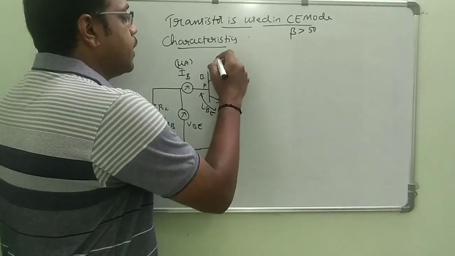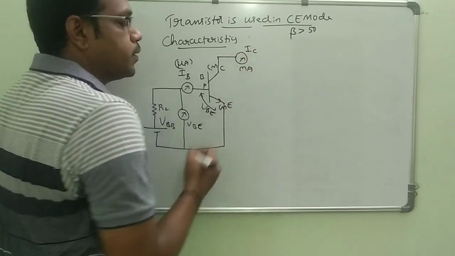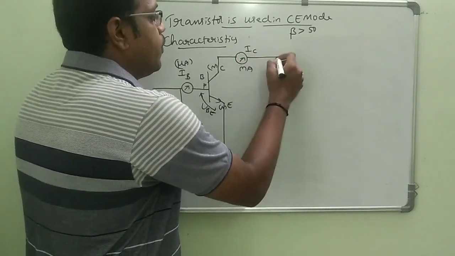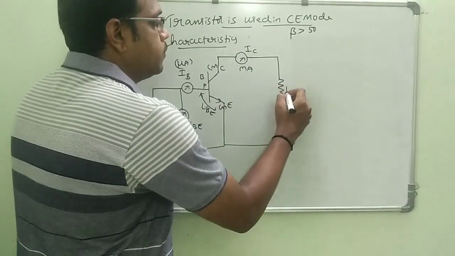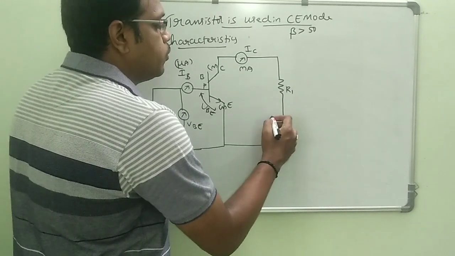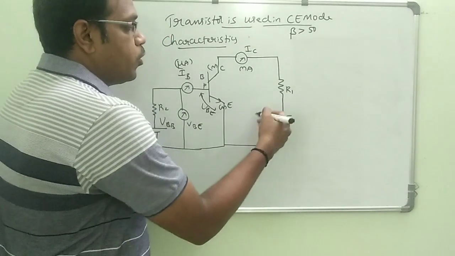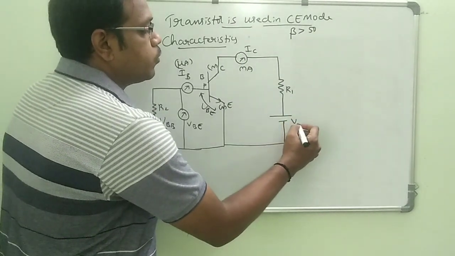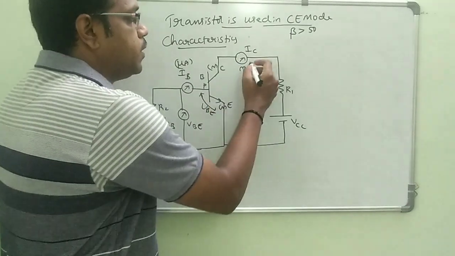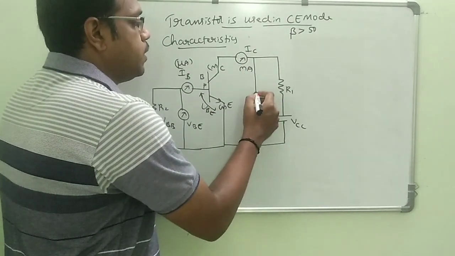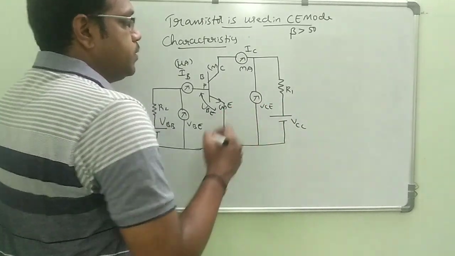Now for the collector, you have to give one more ammeter, measured in milliamperes, and one more resistance, R1. We give the reverse bias through VCC. And you will get one more junction here, with one more voltage, VCE.